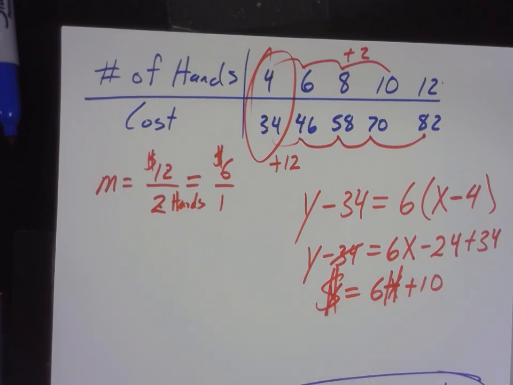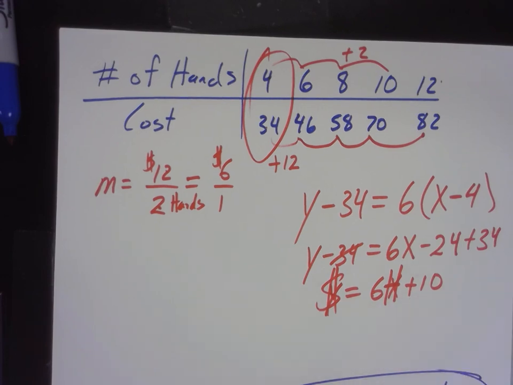So this does seem weird though. Are they charging us $10 for 0 hands? Yeah, what the heck? That seems a little odd, doesn't it? It's like there's an initial charge of $10 and then it's $6 for every hand that we buy. What the heck is that initial charge of $10? Good question.